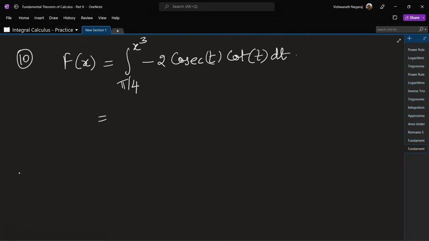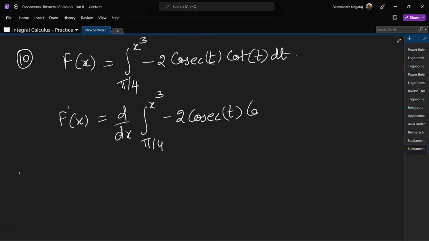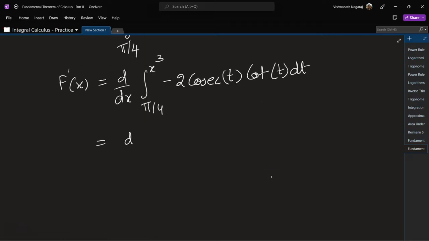Okay, so let's differentiate both the sides. We get d by dx of integral of pi by 4 to x cubed minus 2 cosec t cot t dt. This would be equal to d by dx.